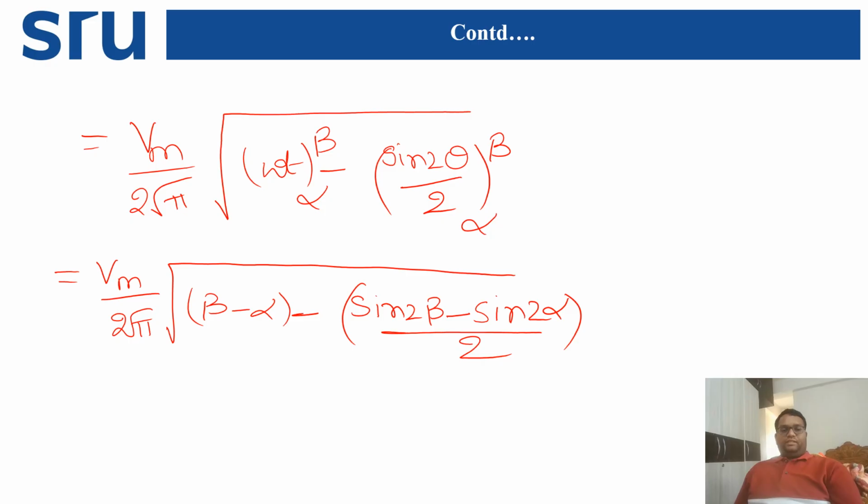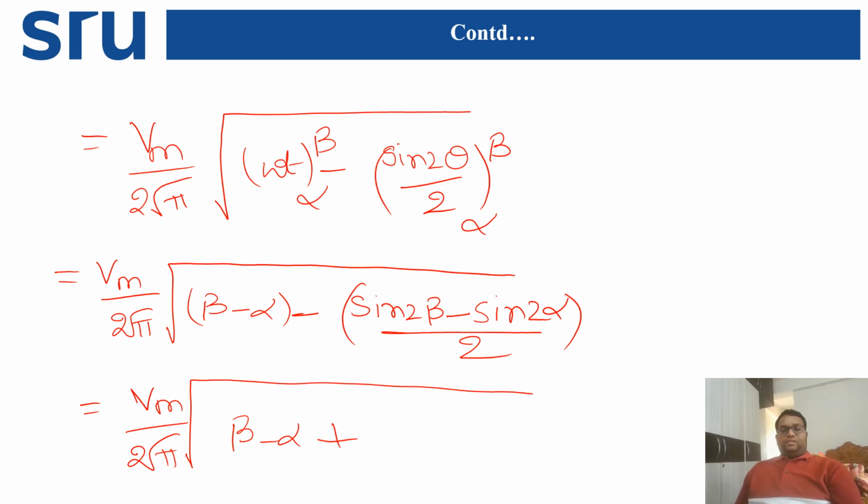Apply the minus inside, then that is Vm by 2 root pi, square root of beta minus alpha plus sine 2 alpha minus sine 2 beta divided by 2. This is the V naught RMS.